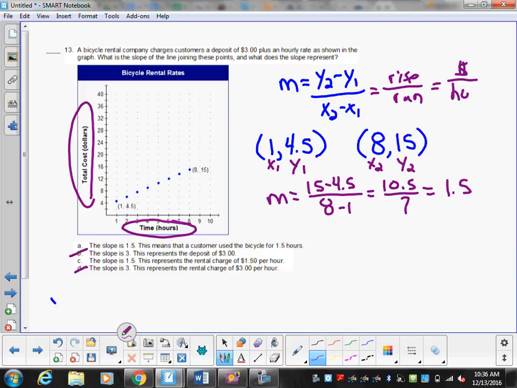So when we're looking at what this represents, it represents dollars per hour. And so if I look at this, A says this means that a customer used the bike for 1.5 hours. C, this represents the rental charge of $1.50 per hour. And that right there is what works. So C is our answer on number 13.